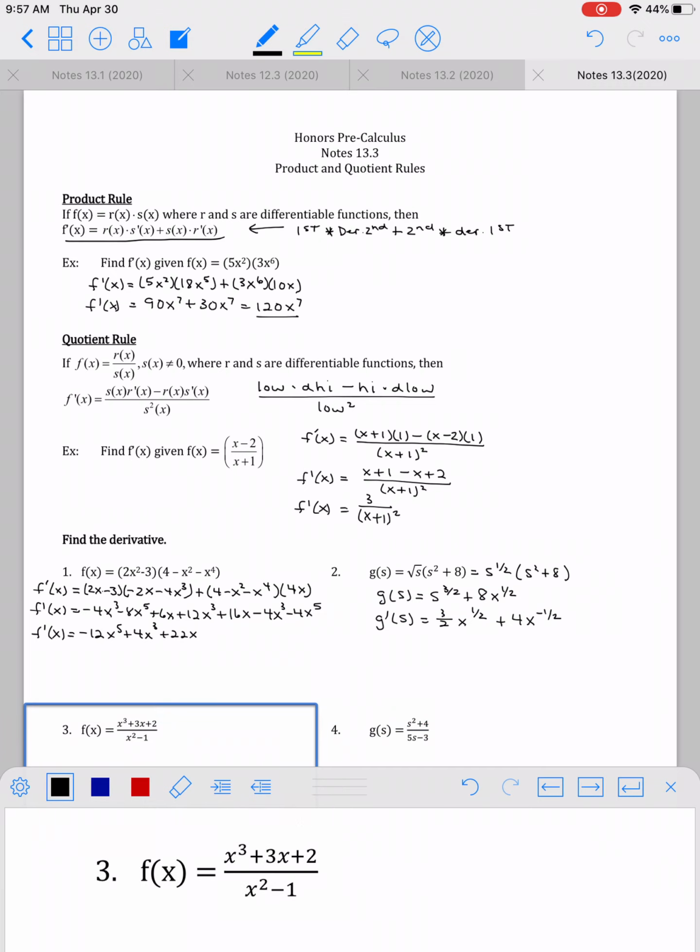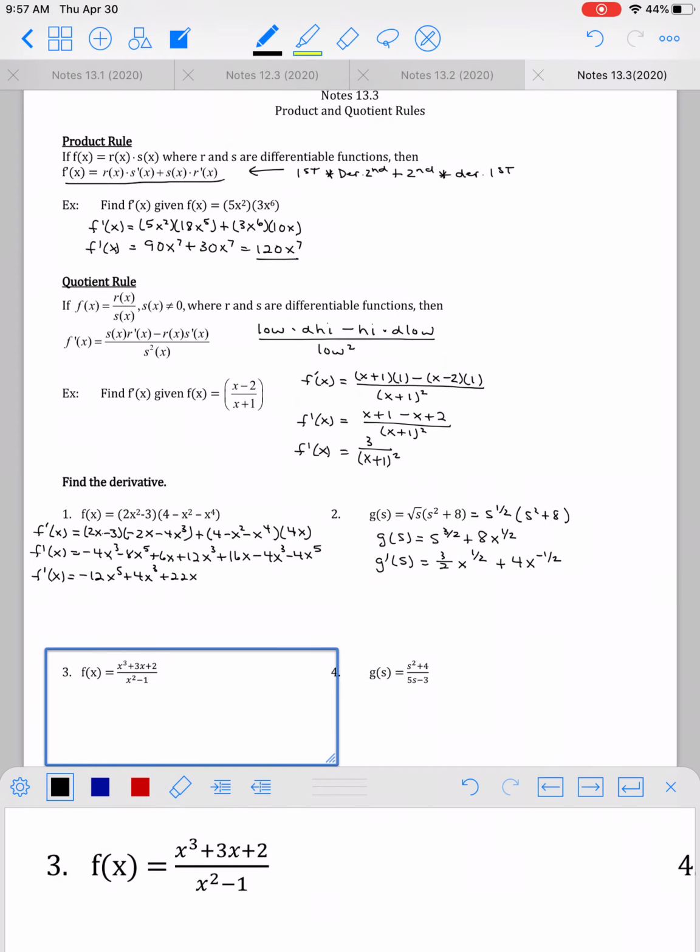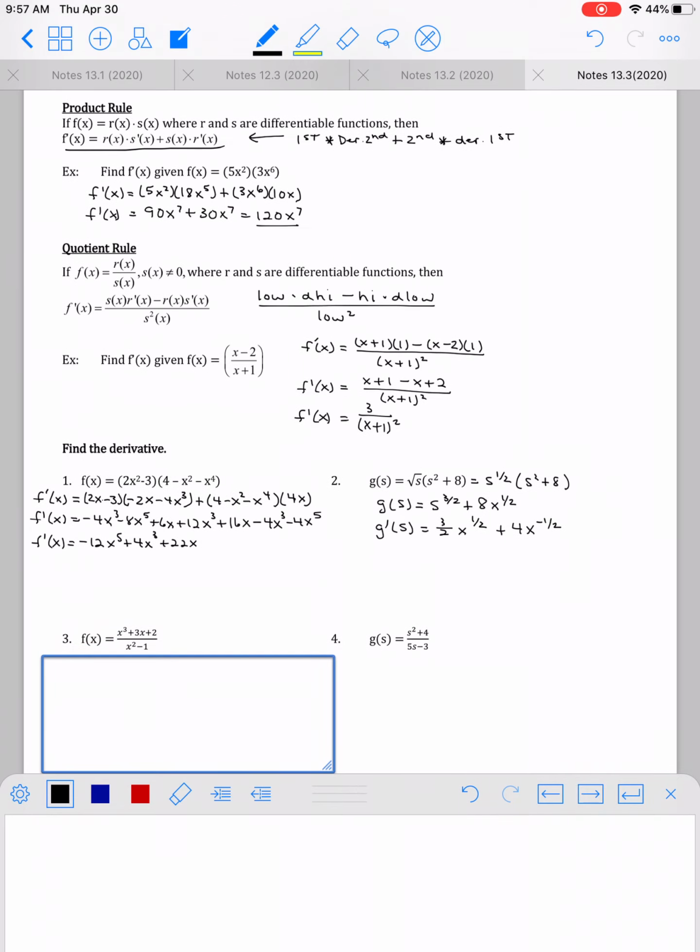Okay, this one, it's a division problem, so it is a quotient rule. All right, so here we go. So we're going to use the quotient rule. So f prime of x.